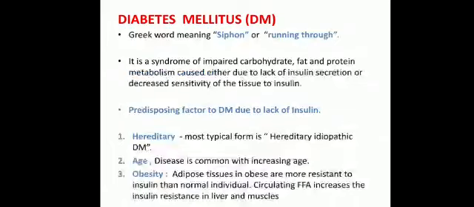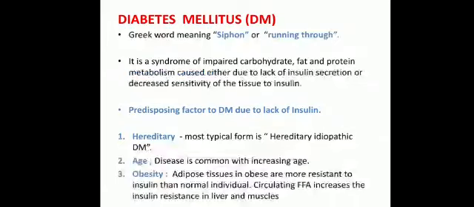Diabetes mellitus is a syndrome of impaired carbohydrate, fat and protein metabolism caused either due to lack of insulin secretion or decreased sensitivity of the tissue to insulin. So what the definition tells us is diabetes mellitus, the syndrome is with an impaired or a defective carbohydrate, fat or protein metabolism.